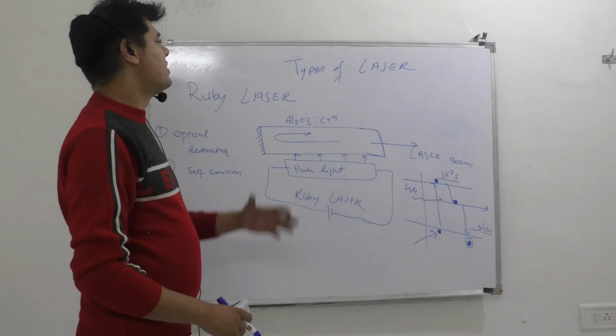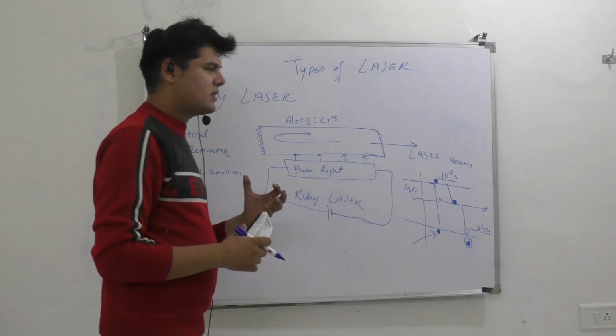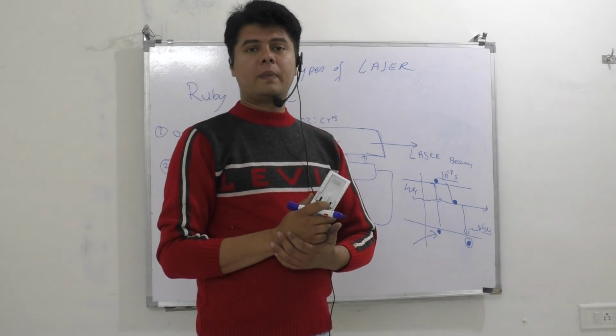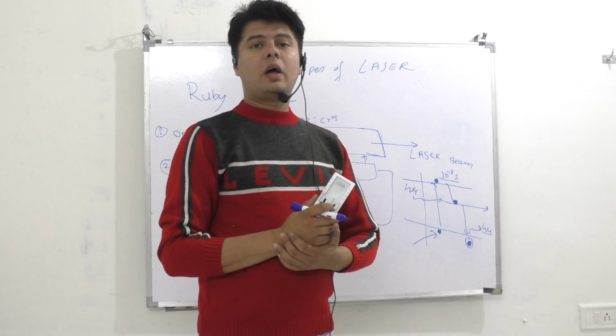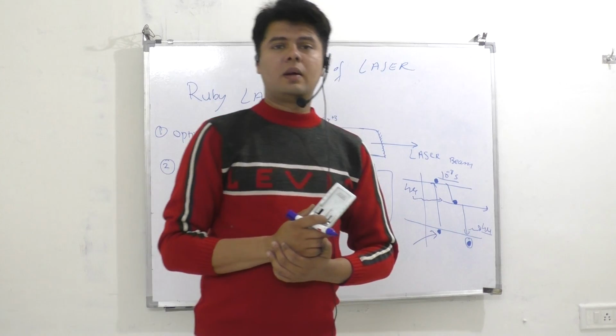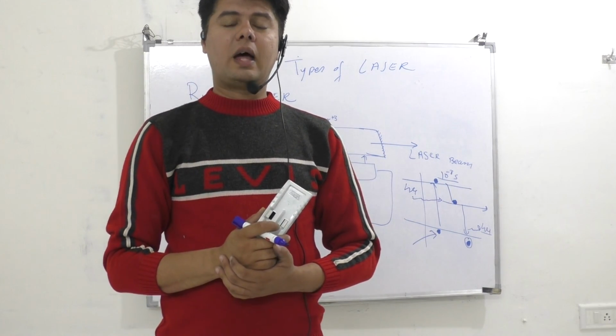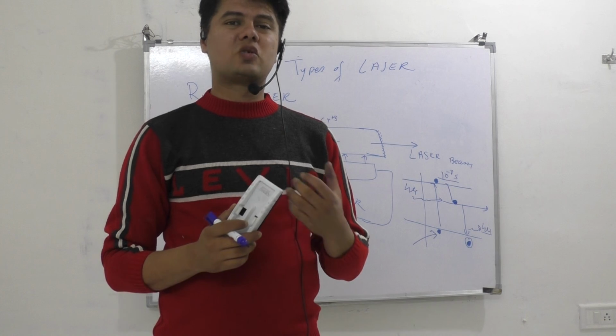So these are the general characteristics and working of the ruby laser, where Al2O3 material is used for the lasing action and chromium is doped.